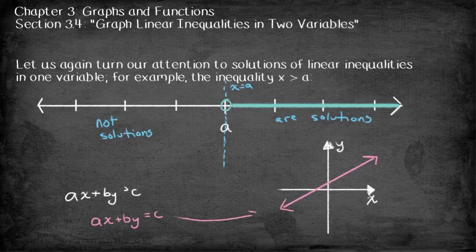And once again, we've split everything into two halves. On one side of the line, we're going to have solutions, and on the other side, we're going to have points that are not solutions to the linear inequality.